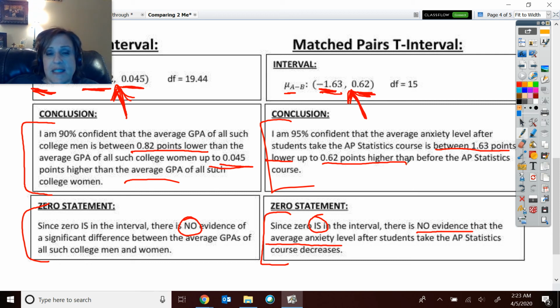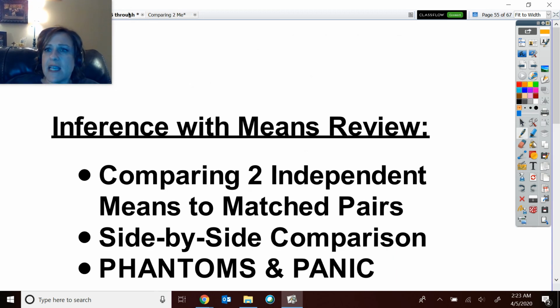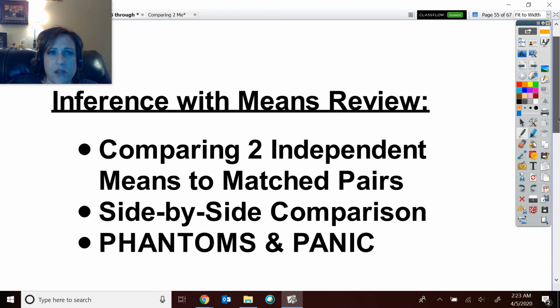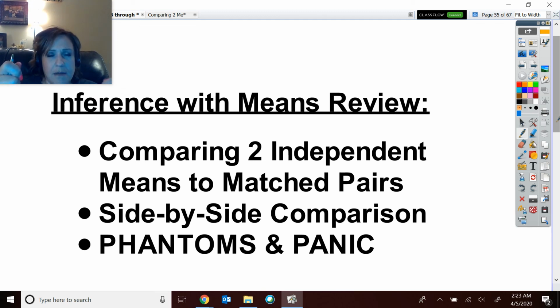Okay? And since it could be lower, it could be higher, I don't have evidence of a significant difference. Okay, so I hope that those conclusions helped you to better understand all the details between two independent means and matched pair means.